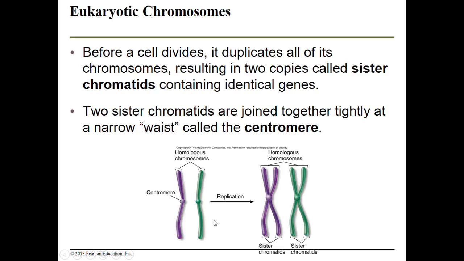When you want to divide, you make the sister chromatid, and they're connected at the centromere. So here are sister chromatids connected at the centromere. This is just the little middle part. And when the cell divides, one copy of the purple is going on to the first cell, and the other is going to the second. So that at the end, we'll have exactly what the original parent had.